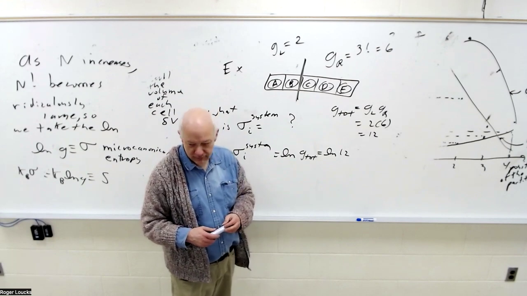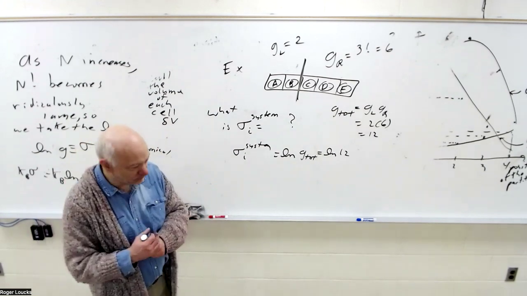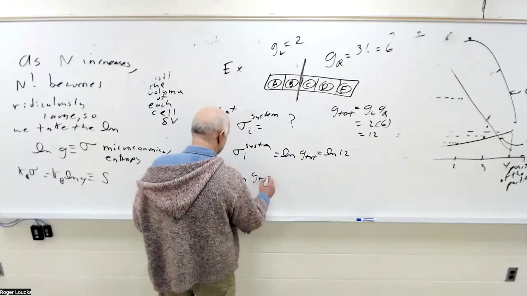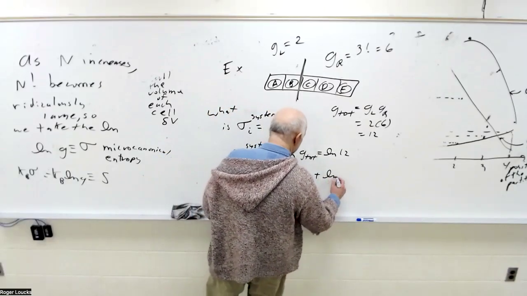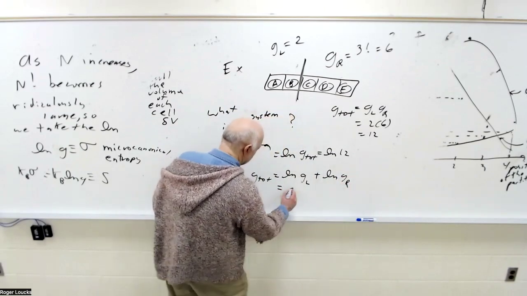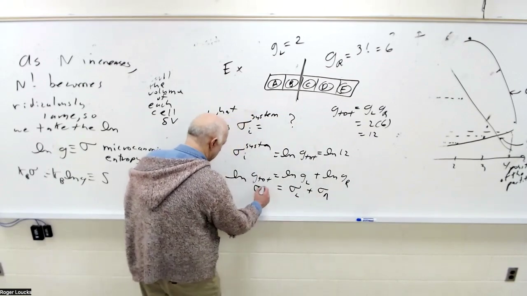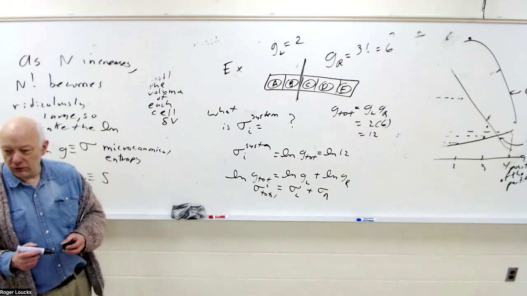Engineers and physicists: ln of G_L plus ln of G_R. Thank you. Yeah, right. So if you take the ln of this guy, that's just the ln of G left, that's the ln of G right. So this is just my sigma on the left plus the sigma on the right. That equals our sigma total. That's kind of neat.